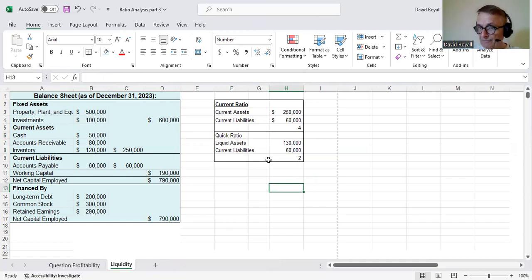This, again, is very, very healthy. It means we can meet our immediate debts twice over, assuming that those liquid assets, these 2 here, are easy to turn into cash.